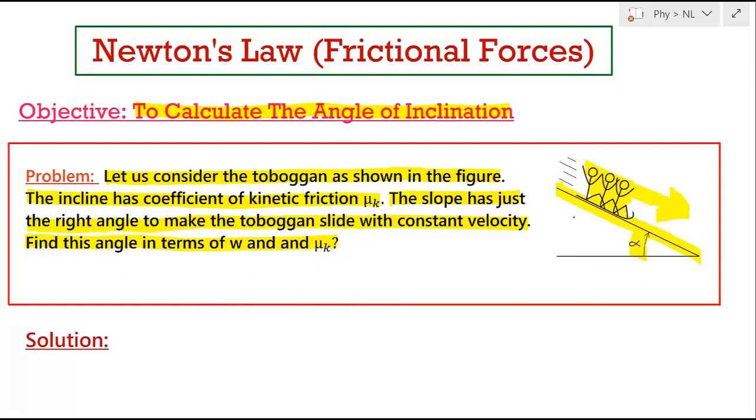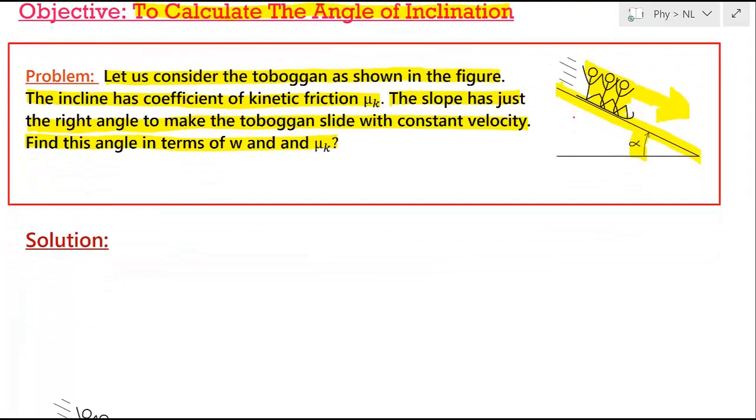So how will you solve this problem? Let us first write what is given. We have been given the weight of this toboggan, that is W, the coefficient of kinetic friction, that is mu k, and the angle alpha we have to find, that is my target variable.